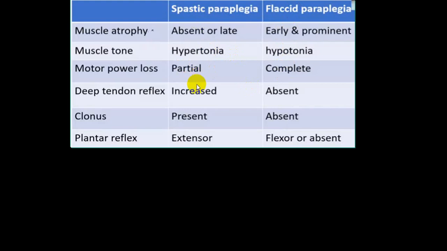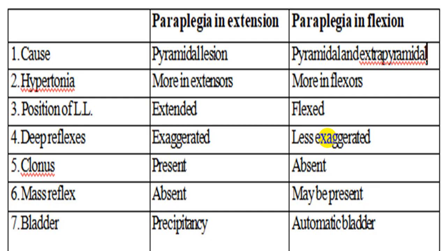Deep tendon reflex will be exaggerated in spastic and there may be clonus. While in case of a flaccid, deep tendon reflex is absent, clonus is also absent. Plantar reflex will be extensor, while in a flaccid, plantar reflex will be flexor or may be absent if there is a damage at the level of alpha S1.